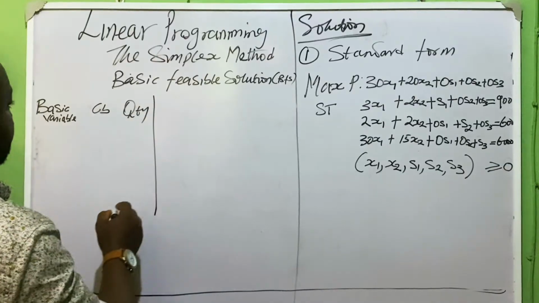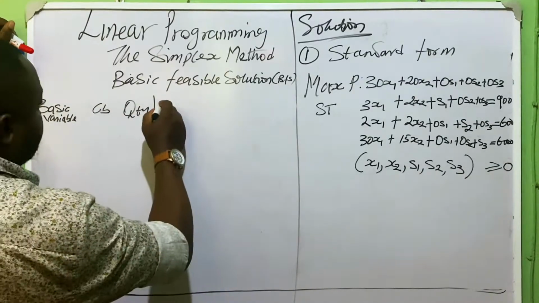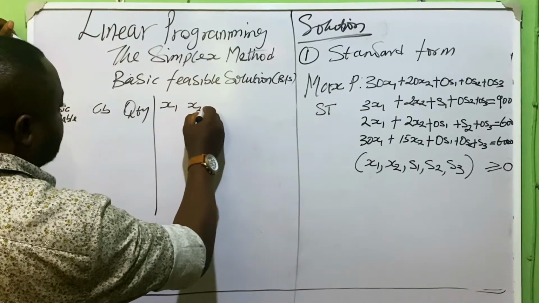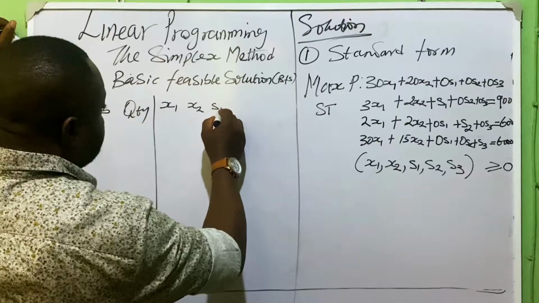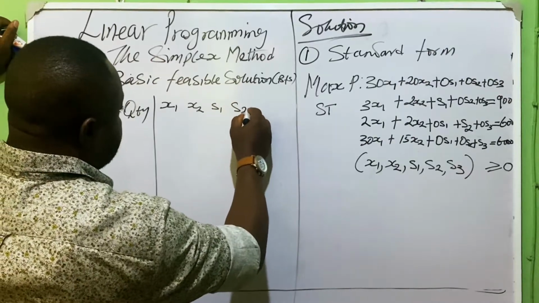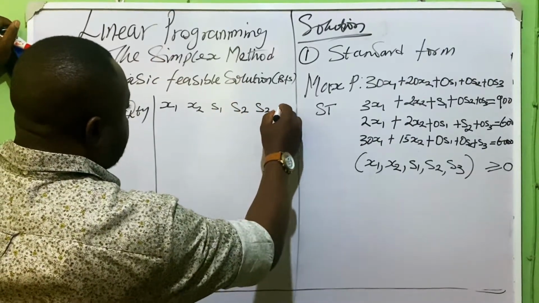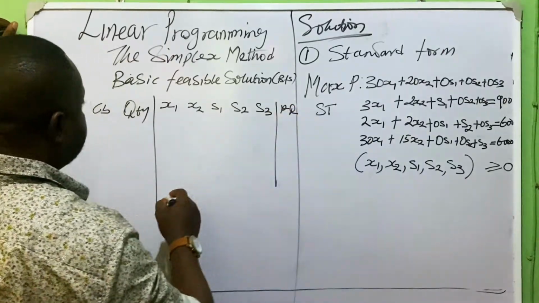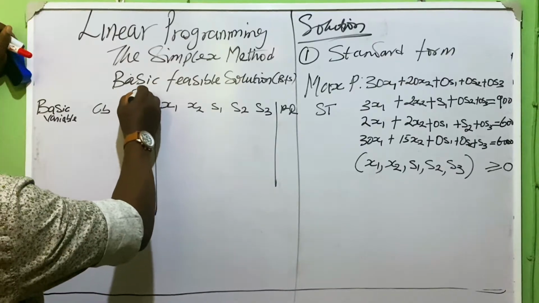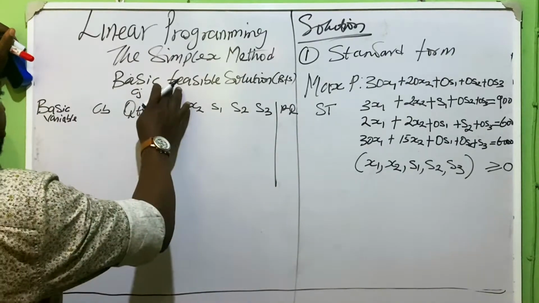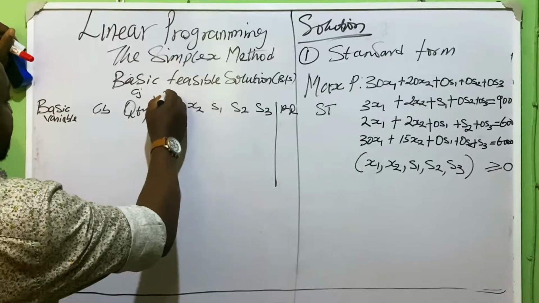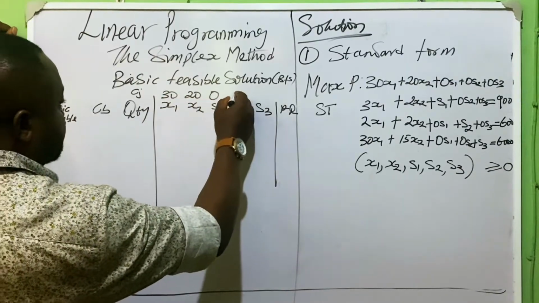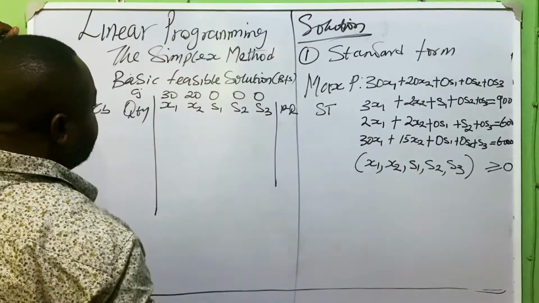Then we can bring in our variables x1, x2, s1, s2, s3, and of course the replacement quantity. So our CJ will be the coefficients, which is 30, 20, 0, 0, 0.